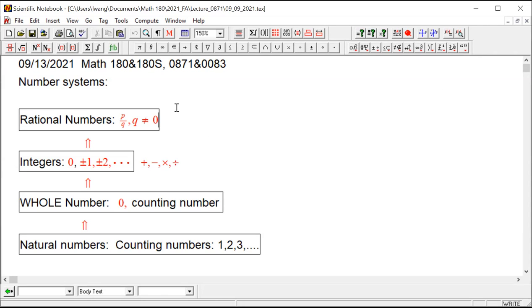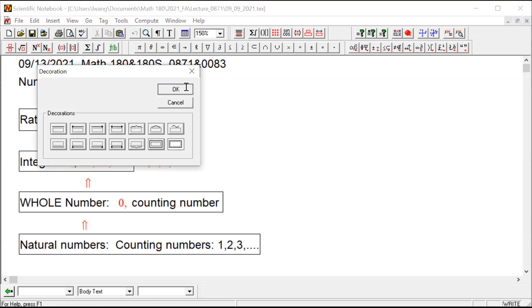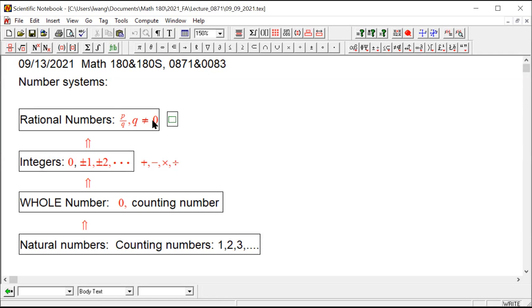Anyway, without further ado, what are irrational numbers? Any number that is not rational is irrational. How do you like that definition?